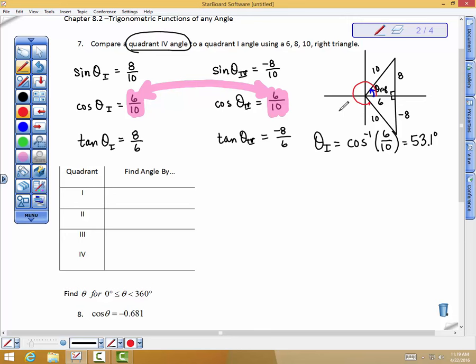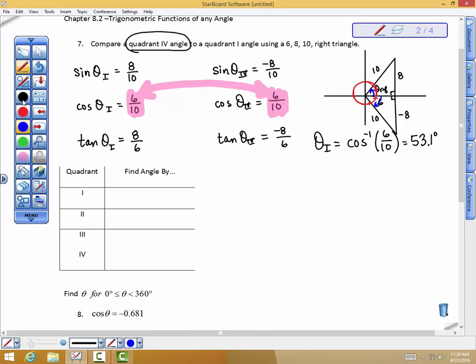And I have to help myself out by going all the way around this circle to 360 degrees, and then I've got to subtract this angle right here, which is 53 degrees in size. See that 53 right there? Those are congruent triangles. So this angle, the same because of these ratios.